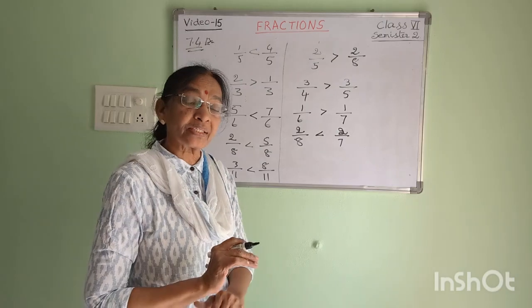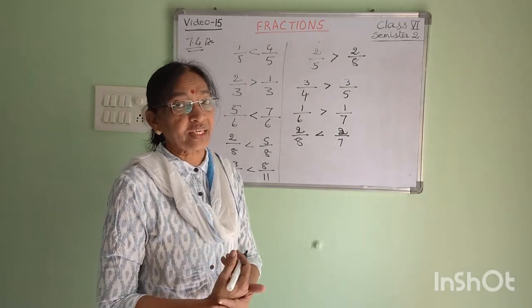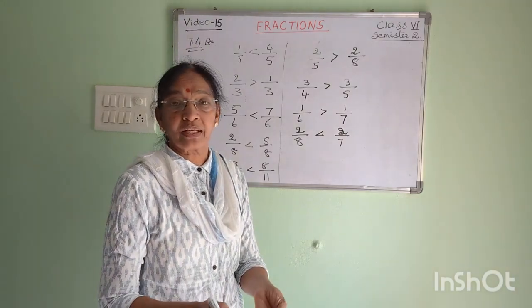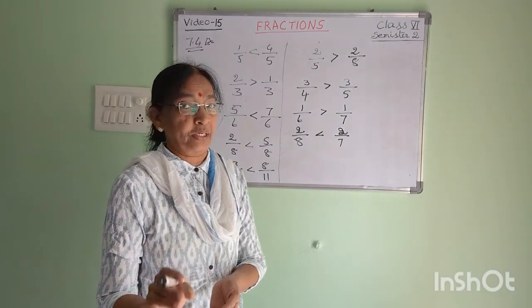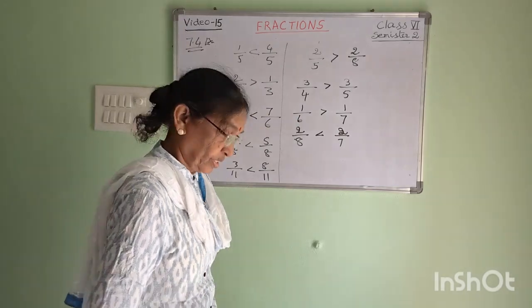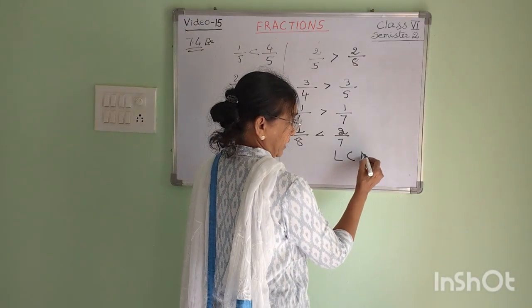If the numerators are also different for unlike fractions, we have to take a common multiple. So to be easier, we take smaller things. Therefore, we take the least common multiple of the two denominators of unlike fractions. Least common multiple is called LCM.